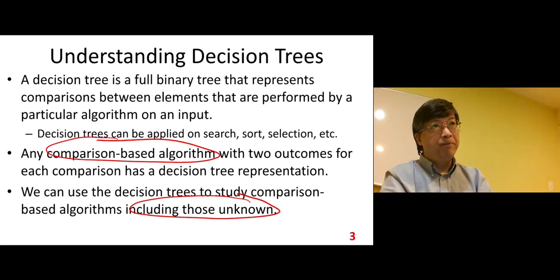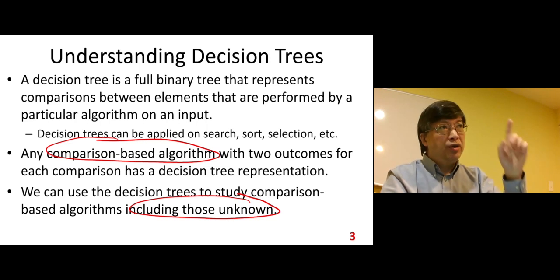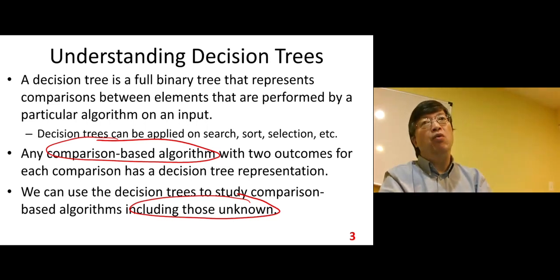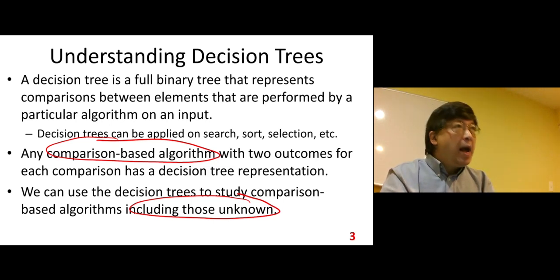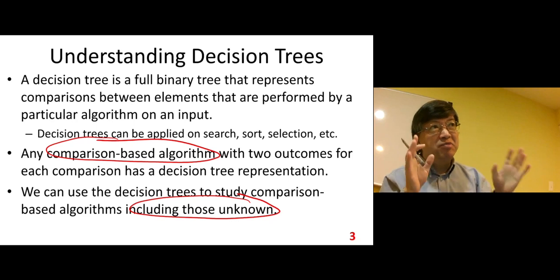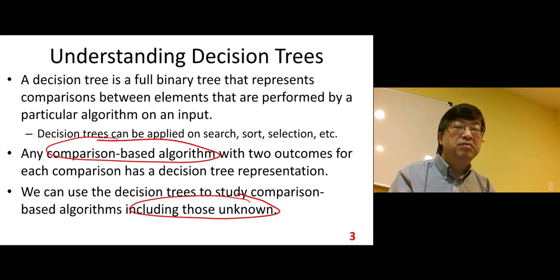We did that before. Remember, in our lecture 1, number 1, when we studied the optimality of finding the minimum of an array, we used some special method to describe unknown algorithms. We find a common property.